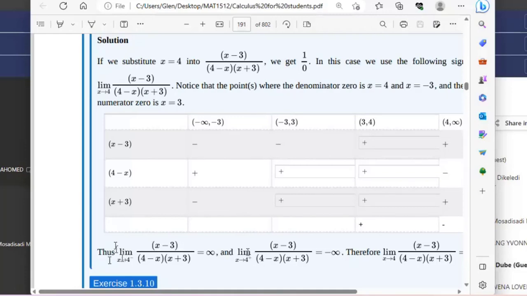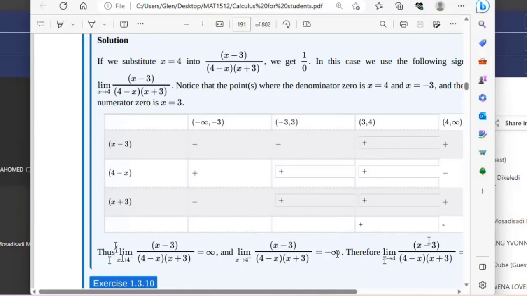When we evaluate the limit when x approaches 4 from the right, we got negative infinity. Is positive infinity equal to negative infinity? No. Therefore, how do we conclude? The limit does not exist. Okay. Can we continue? Yes, we can, sir. Thank you so much.